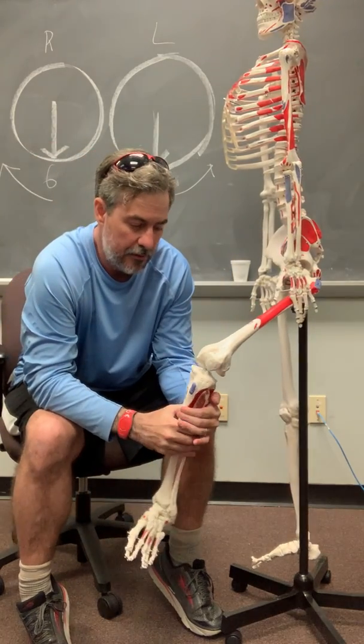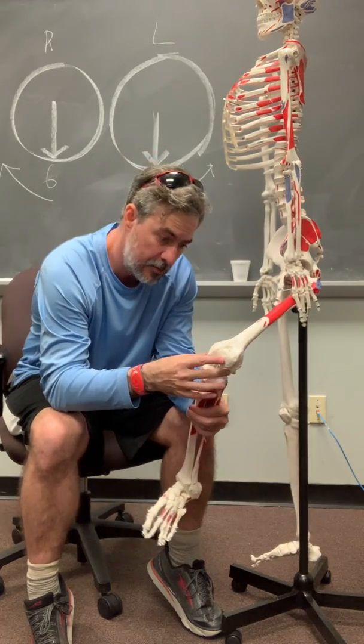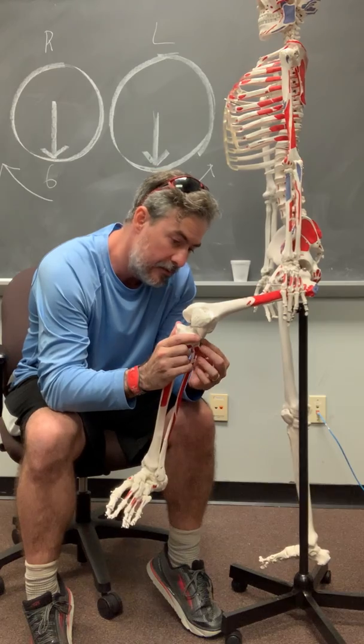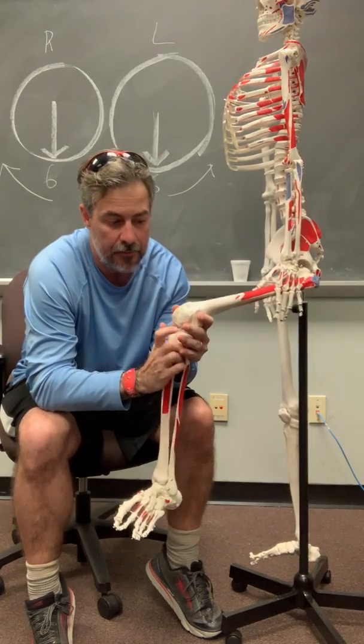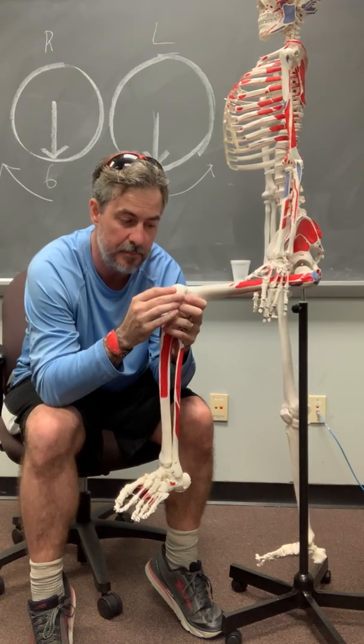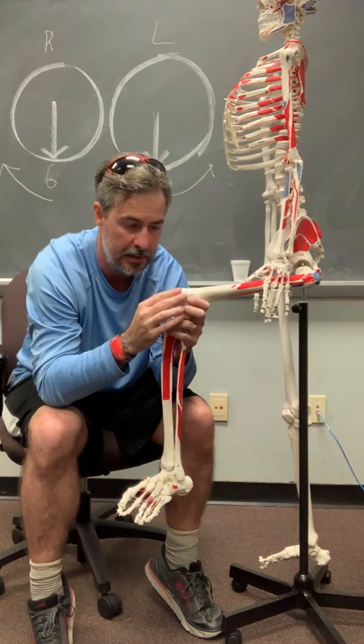Remember, the knee joint is formed strictly by the tibia and the femur. That's where the articulation is. Look, the fibula lives close, but there's no articulation there. The patella has nothing to do with the actual flexion and extension. It serves as a pulley for some muscles and as a protector of the knee anteriorly.